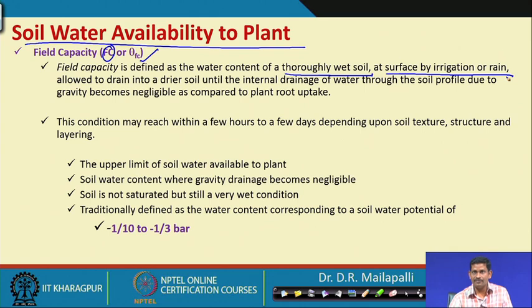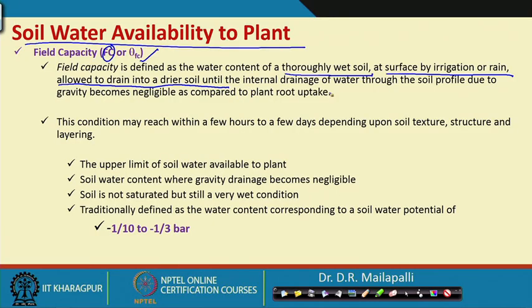Suppose you have a field which has been wetted previously by either rain or irrigation. That means the field is completely saturated, and that saturated field is allowed to drain into dry soil. The top is saturated, whereas the bottom is still dry, so the gravitational water is going to pass from saturated to unsaturated zones.